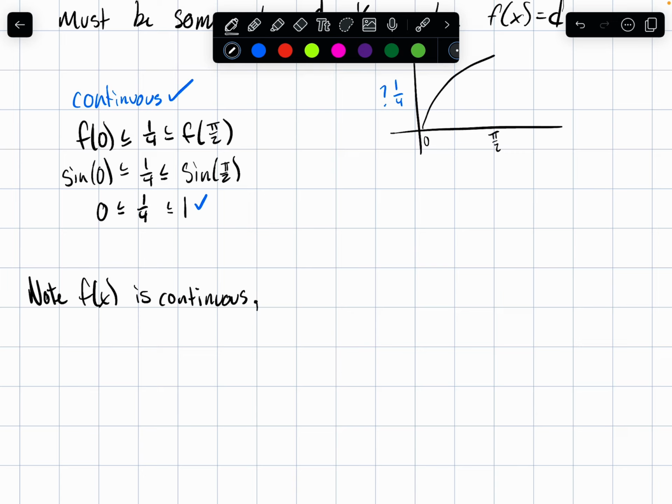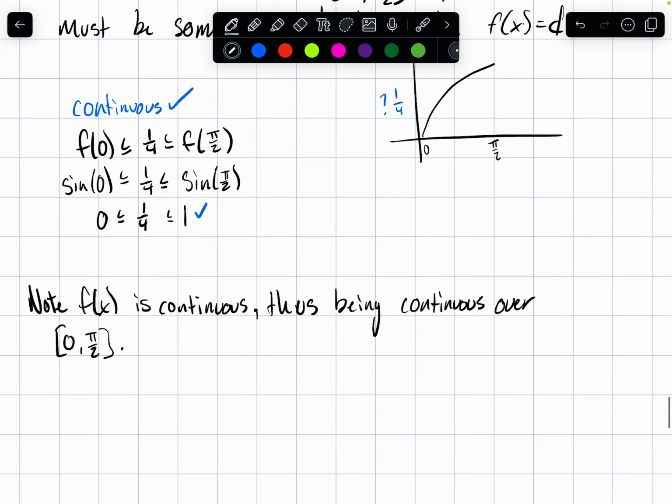Well, I'm also going to mention it's continuous over the interval. So, thus, being continuous over 0 to pi over 2. Now, I want to mention something about these y values.